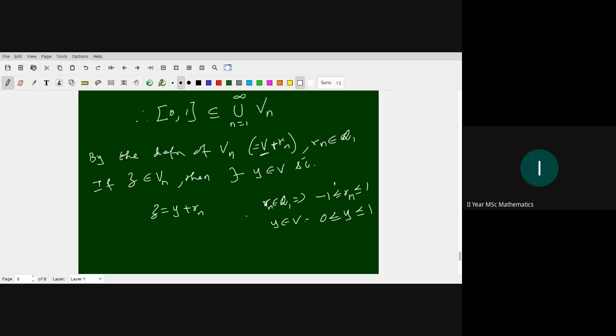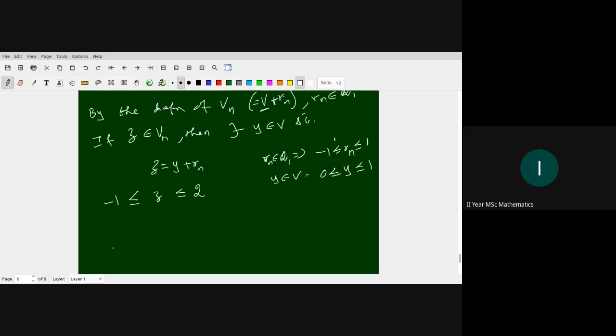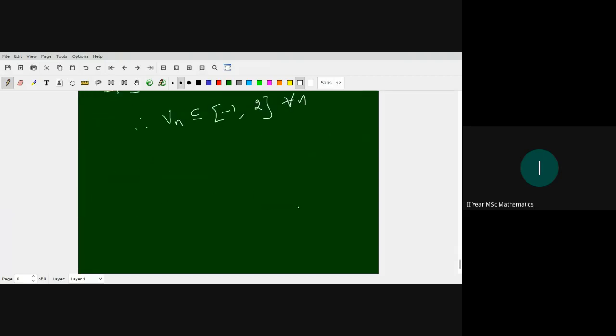What about the addition of y plus Rn? Its range, Z, must be at most 2 and at least -1. This is true for all n. Therefore, Vn is contained in [-1, 2] for all n.